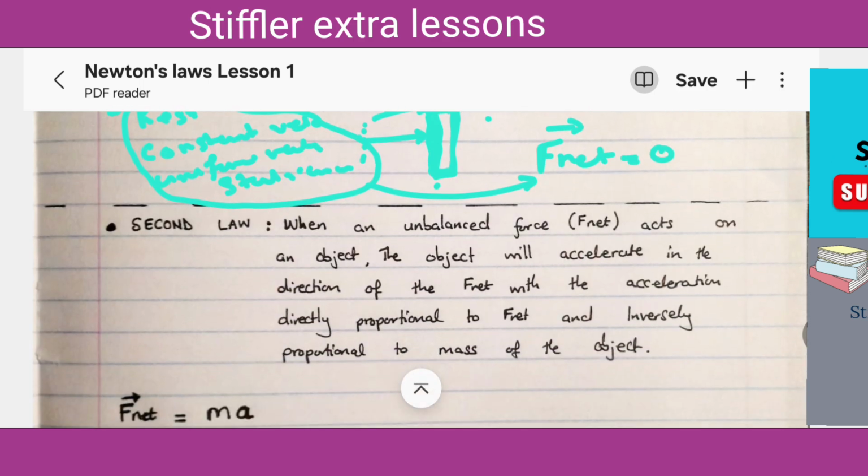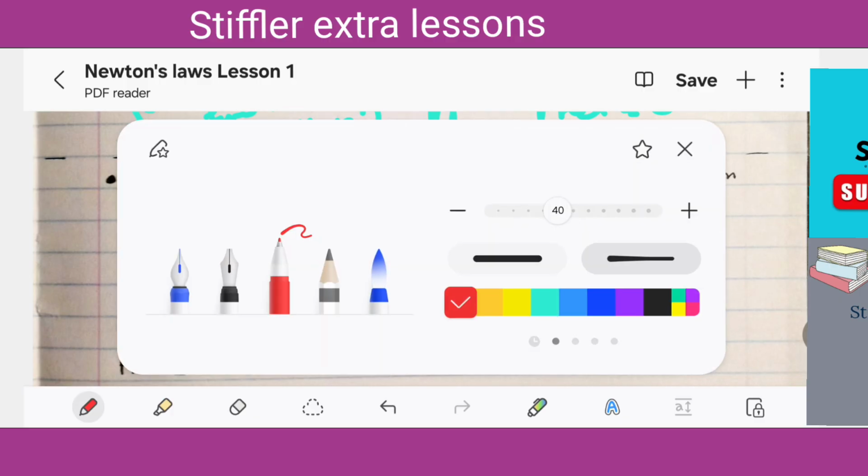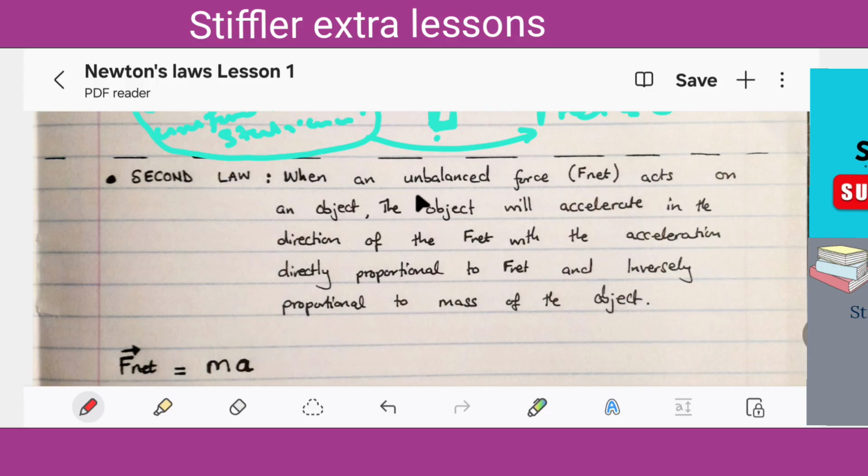So now let's talk about Newton's second law of motion. Newton's second law states that when an unbalanced force, F net, acts on an object, then, since in the first law the F net or the unbalanced force is 0, there's no unbalanced force. So now we have an unbalanced force.